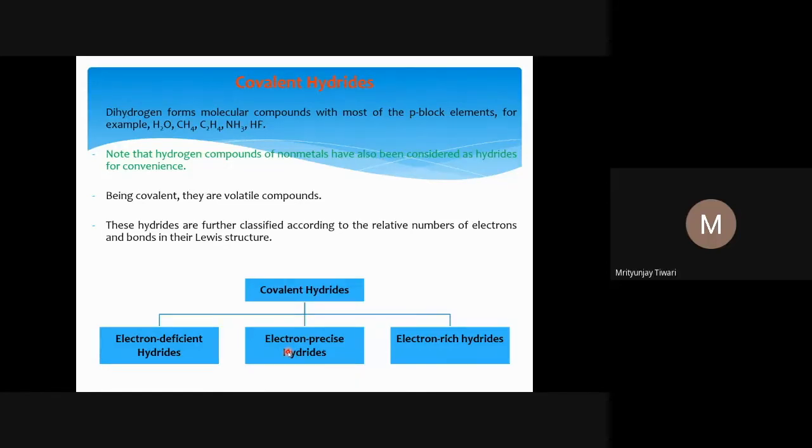Like the carbon family, the group 14 elements, like CH4, it's an electron precise hydride, because carbon has 4 electrons in the outermost shell, and all 4 electrons are shared with 4 different hydrogen atoms to form 4 covalent bonds, so total 8 electrons. So the octet of carbon is complete, and there is no extra electron as well.